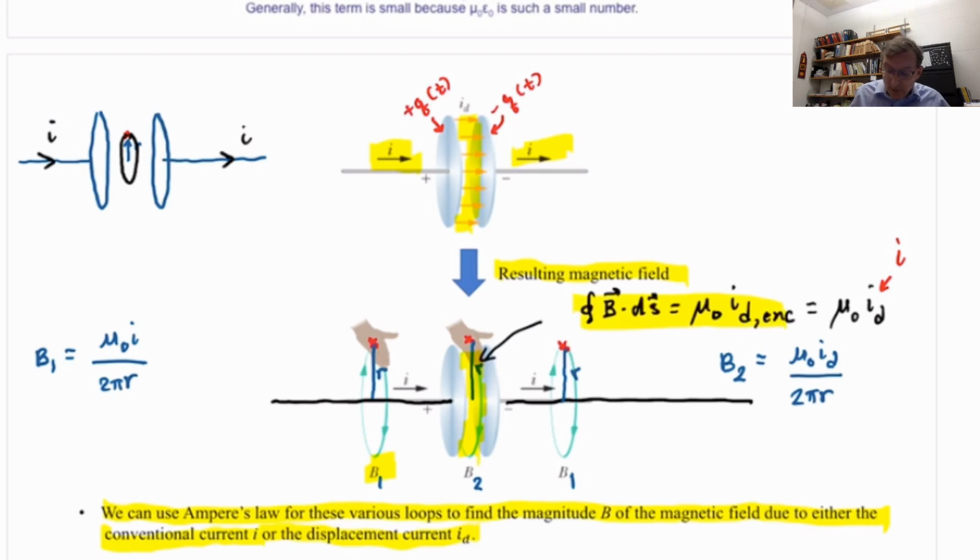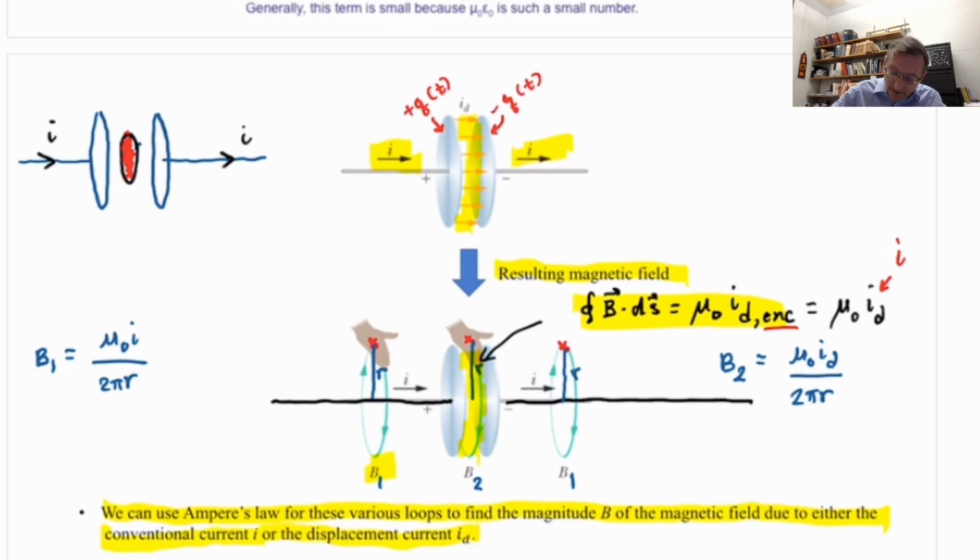But I have to include then only the displacement current that is encircled by the loop. Right? Only the displacement current that pierces that area, which will be some fraction of the total displacement current.